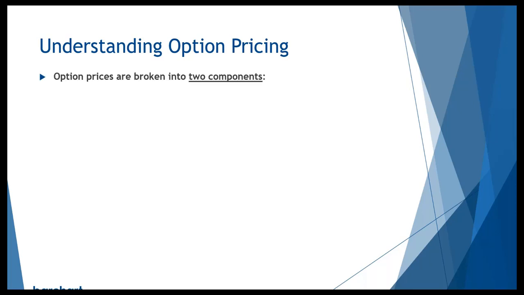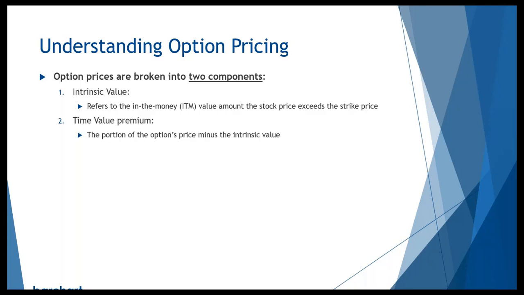Okay, so option prices are broken into two components, right? One is called the intrinsic value, and that refers to the in the money, the ITM. How much does the stock price exceed the strike price? How much is it in the money? And then time value premium, the portion of the option price that is minus our intrinsic value.